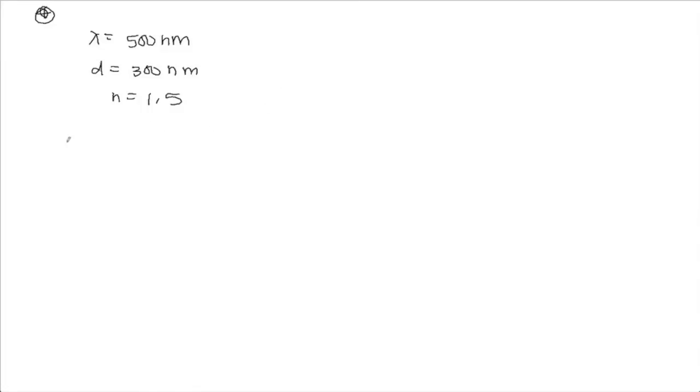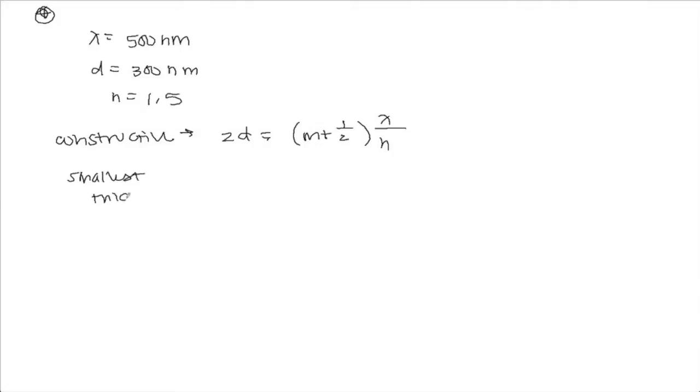So it's constructive. 3 is 2t. And you want to find the smallest thickness. So the smallest thickness will equal 0.